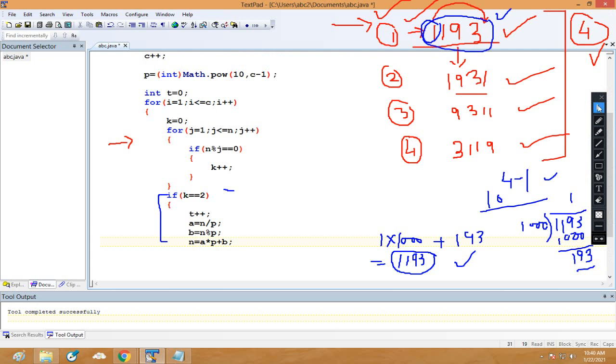So first of all, we are checking this 1193 for prime. After that, we are extracting 1 and 193 as remainder is coming, right? Then 1 into 1000, so actual number we are getting. Next time, okay, just wait.